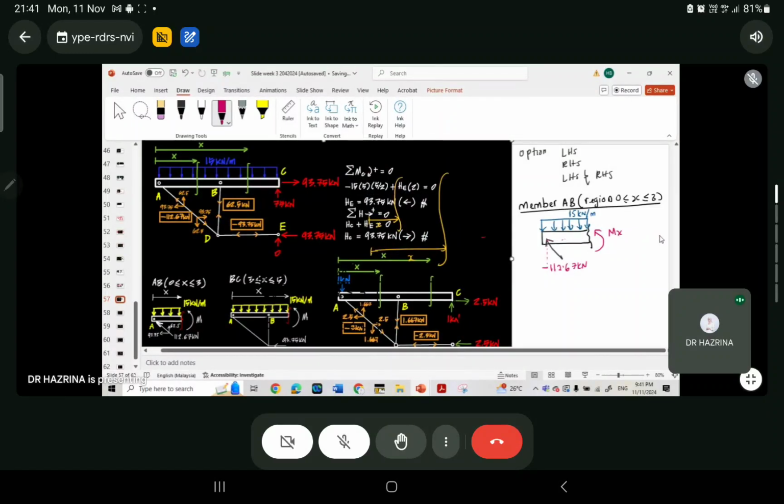So basically sini adalah 3. Sini adalah 2 meter. Sini adalah 2 meter. So you need to find what is the angle either here ataupun dekat sini. So tengoklah angle mana you cari kan.